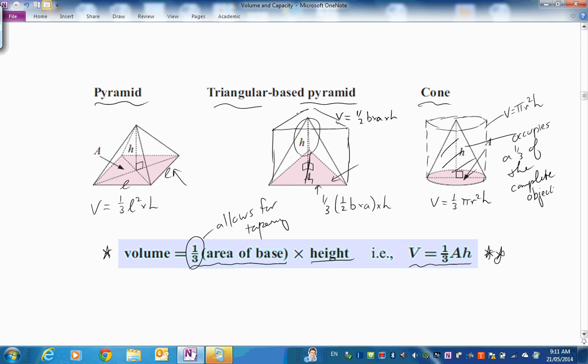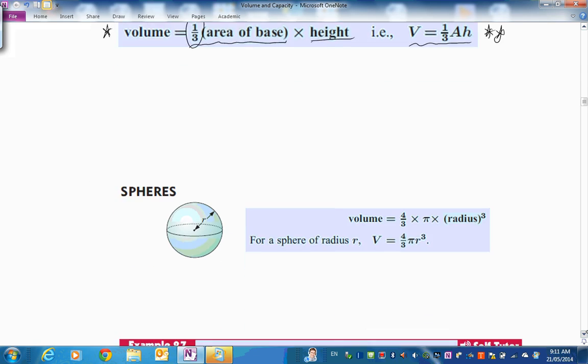But it doesn't fill that whole continuous triangular prism, and so it's a third of this that is occupied. That's the idea. Anyway, a little bit of maths there. Let's go on now and try to use it and do some calculations.